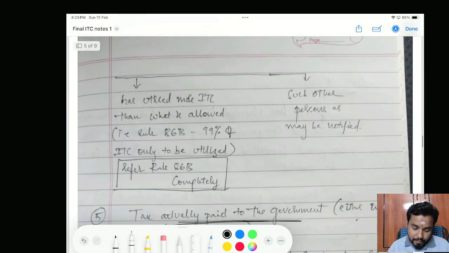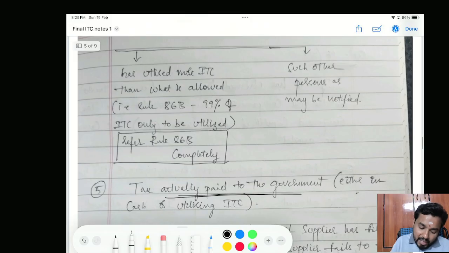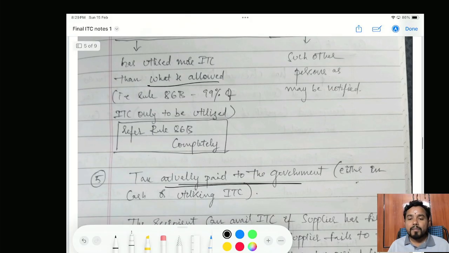Next scenario, the supplier has utilized more ITC than what is allowed in Rule 86B. Now, Rule 86B puts restrictions on 100% payment of tax by utilizing ITC.